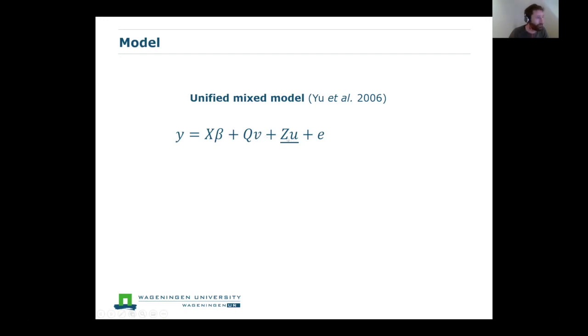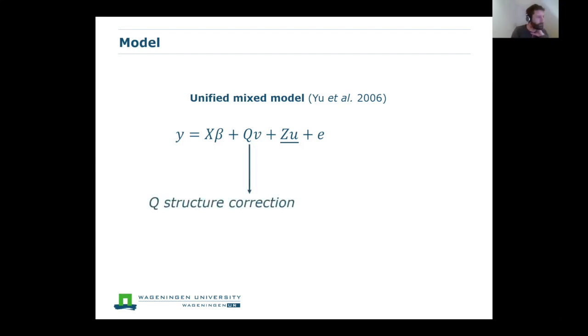We will see now what they are. The underlined factor here is a random effect. So the u vector is a vector of random effects that is accounting for relatedness among individuals.